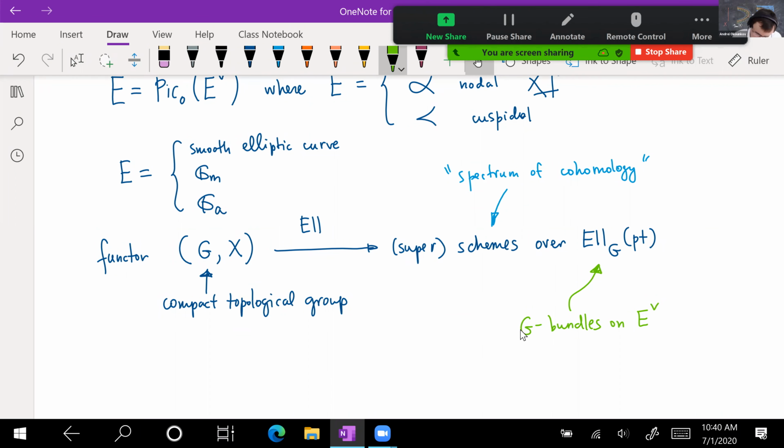So here this G is compact, and this is now reductive. These bundles are direct sums of stable bundles, and they are of degree 0. And this picture gets more complicated.